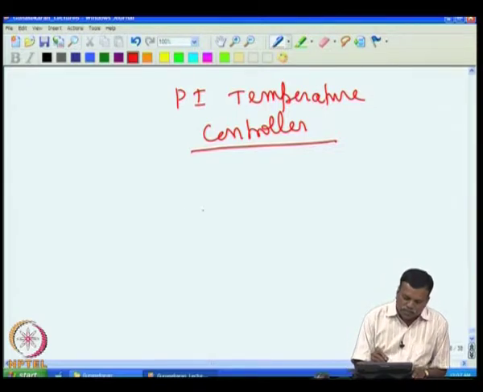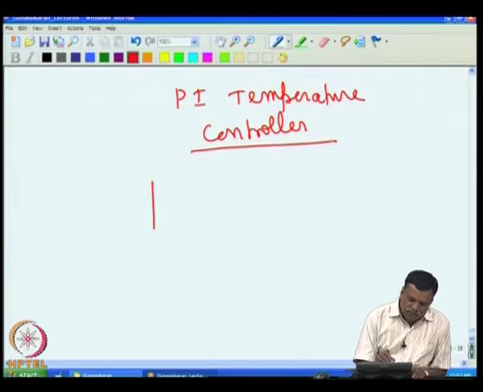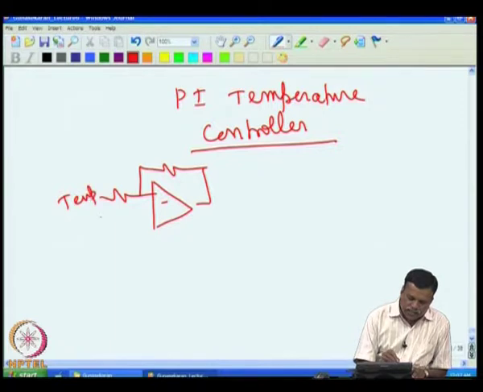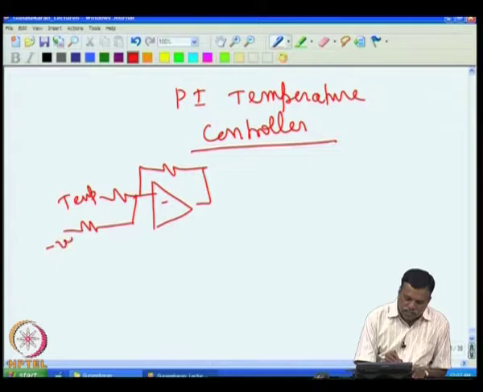So, in the proportional temperature controller, what we had done was we had the actual temperature here, and then we had the set temperature, which is given as a minus voltage, a reverse of the set temperature.